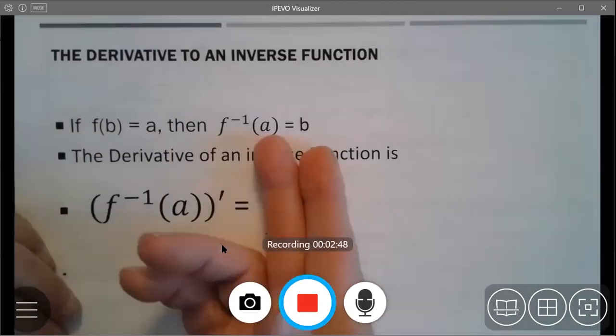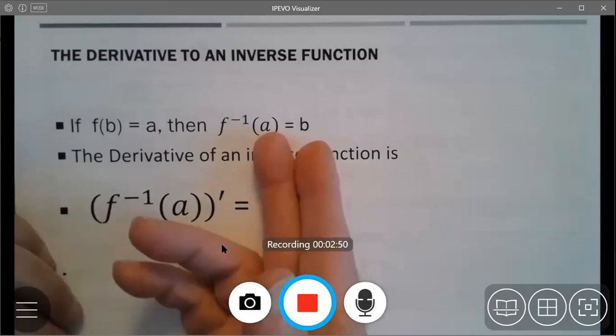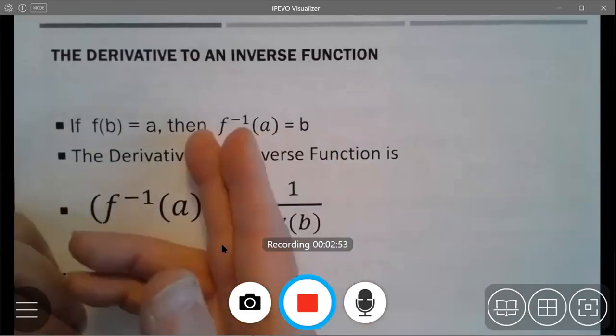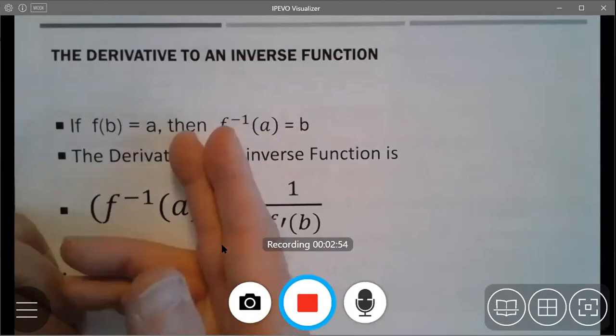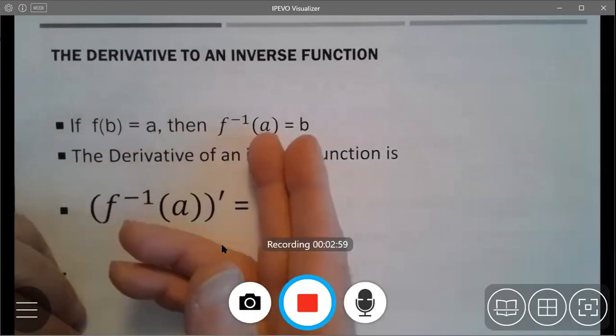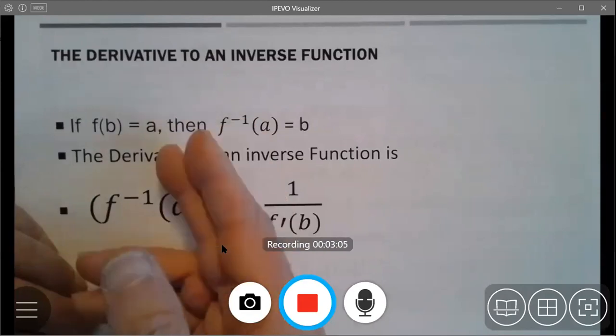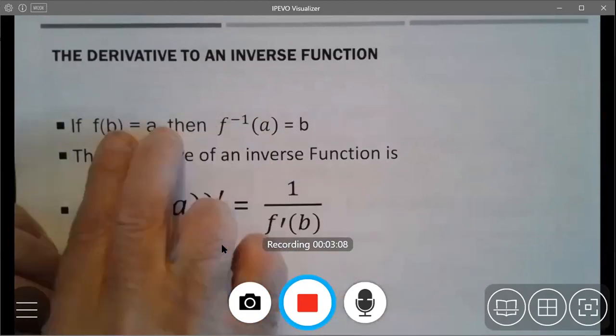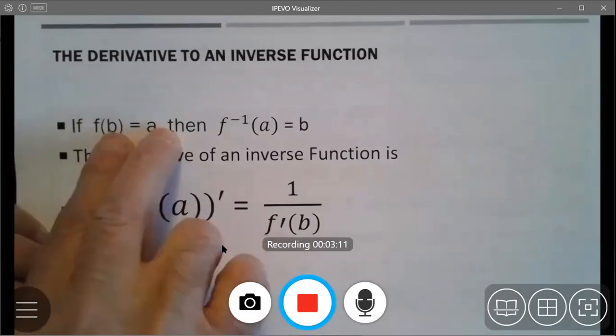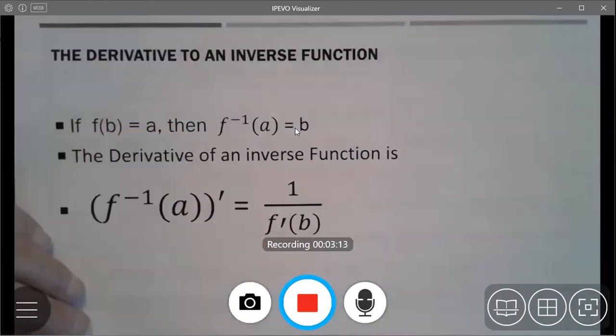In the inverse, you have A, the output of f, or the y value of f. If you put the y value into the inverse function, you get the x value out. So once you find the x and y, the independent and dependent variables, you can literally switch them.